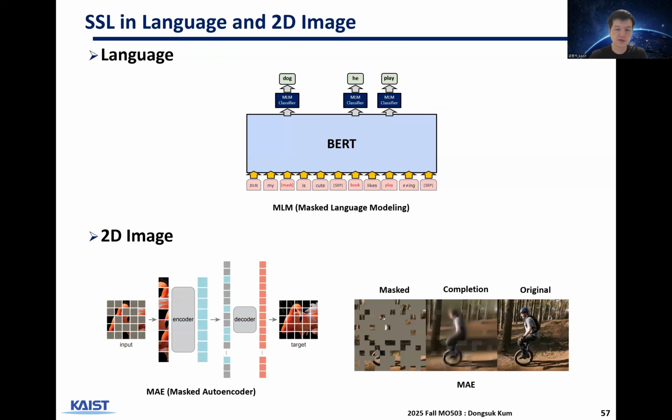And this approach was expanded to computer vision, and it's called masked autoencoder. So same concept, same idea. You use an image and then you mask some parts, but because you already have the ground truth, you can use it as a target or output result.